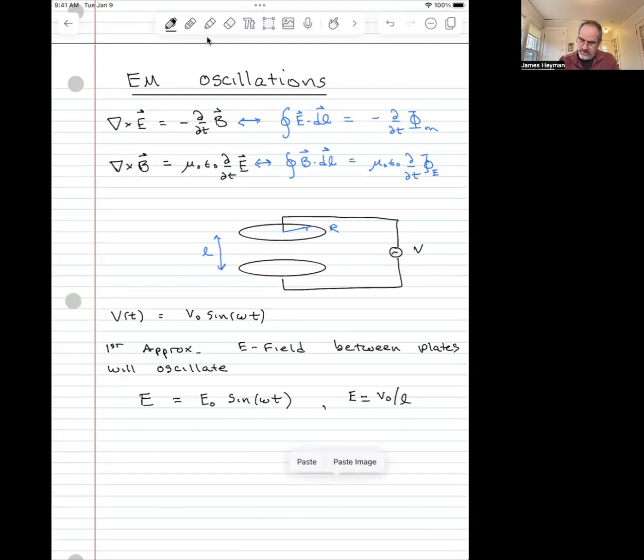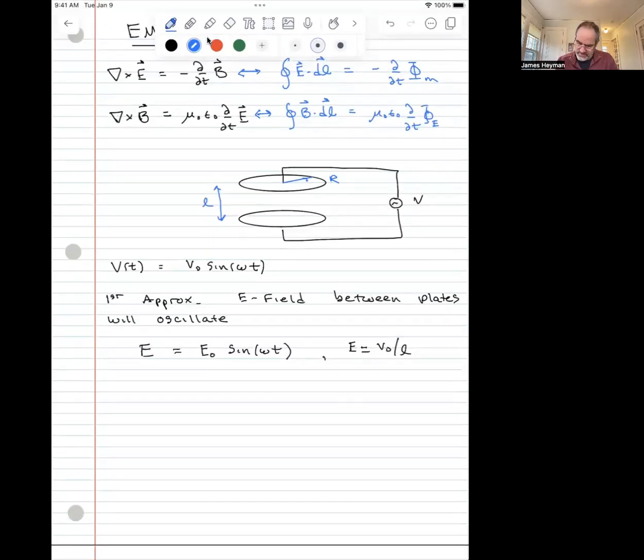Now, what I'd like to do is investigate the induced magnetic field between the plates. And then we're going to look at the induced electric field between the plates. Sound good? Here, let's talk about the induced magnetic field. Okay, to consider this, it's helpful to imagine looking down at one of the plates.